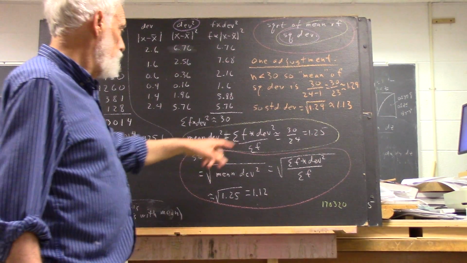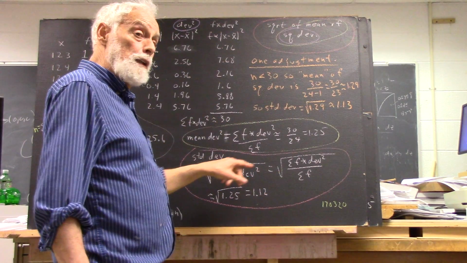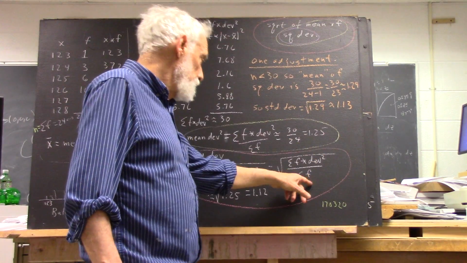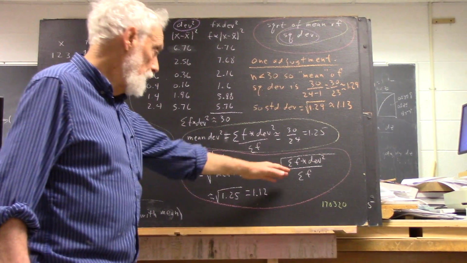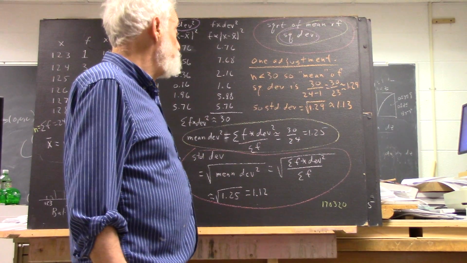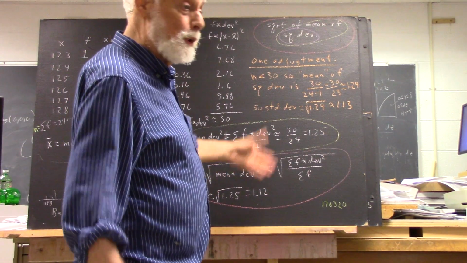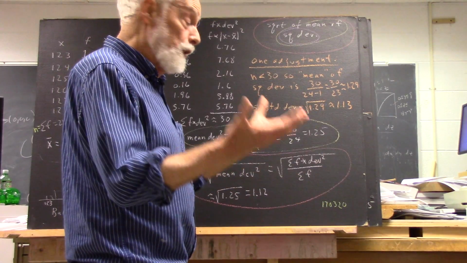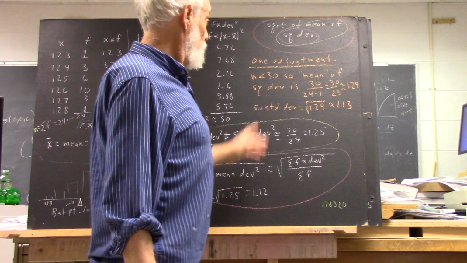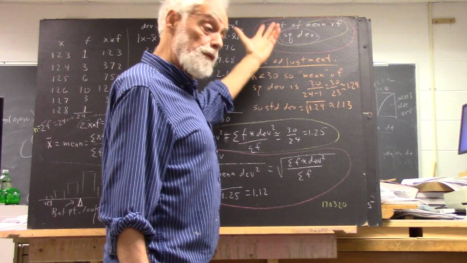Then our standard deviation is the square root of the mean of our squared deviations, which is the square root of adding up all the f times squared deviations and dividing by the sum of all the f's, or by n, and we get this result. Why? Because we define the standard deviation as the square root of the mean of the squared deviations.